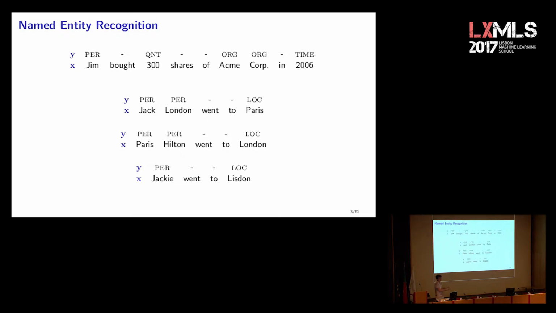So we need to do something to disambiguate that. So maybe we have prior knowledge that Paris and London are cities. But we need something that can predict that in this context, this thing is a person, and this thing is a person. Okay, so how are we going to do that?